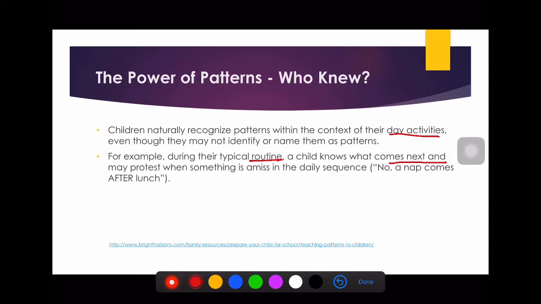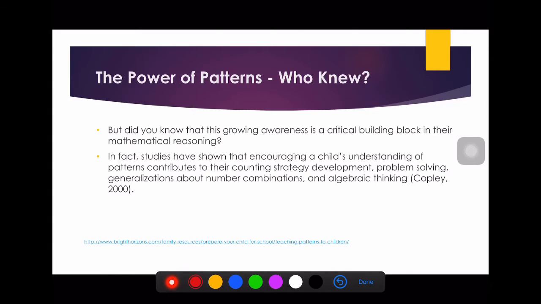And if you try to change the daily sequence, the child might say something like, no, a nap comes after lunch, not before lunch. So that means the child actually recognizes the patterns or the routine. You know that this growing awareness is a critical building block in their mathematical reasoning, the learning of patterns.